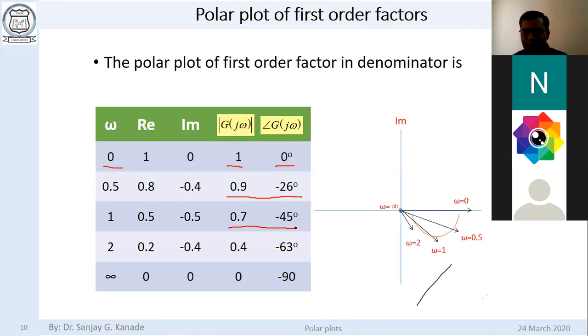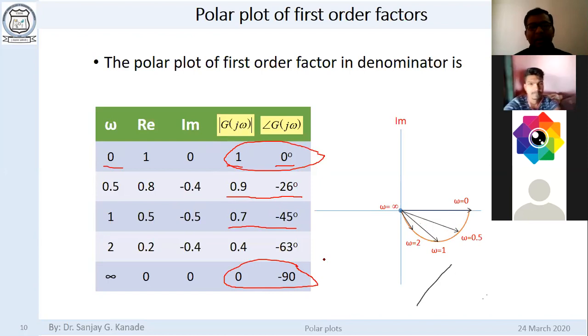We get the same curve. Obviously the curve will not be different, but what I'm trying to do is get the magnitudes and phase of the terminal points. This is very important to note. Magnitude 1 angle 0, and magnitude 0 angle minus 90.